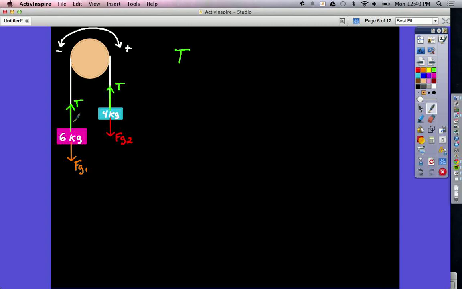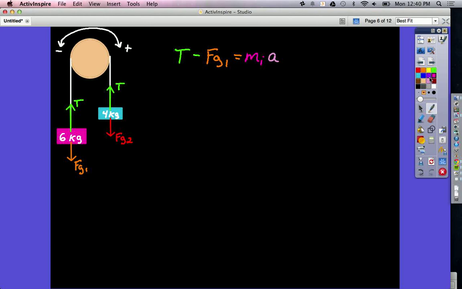That one's trying to move in a clockwise direction. And that means that the force of gravity 1 is pulling in the other direction, so that is our negative force. We're out of forces. So that equals the mass times the acceleration of the block. I'll put a little 1 there, make sure we know that's mass 1.